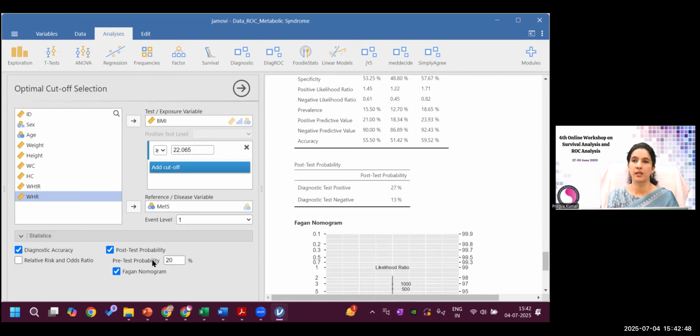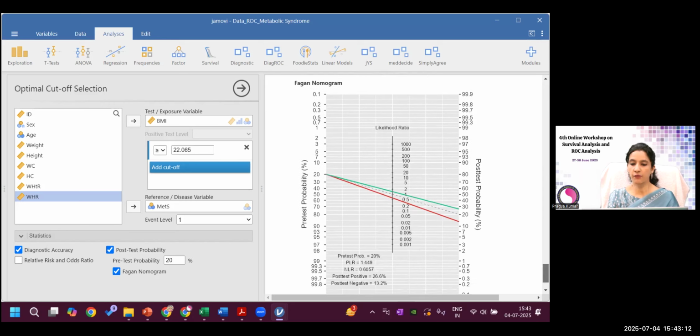Remember, we have discussed the conversion of pre-test and post-test odds and pre-test and post-test probability. So actually that is happening in the background, but you get this. The post-test probability for a positive test is 27% and for a negative test it is 13%. And this is your Fagan's nomogram.